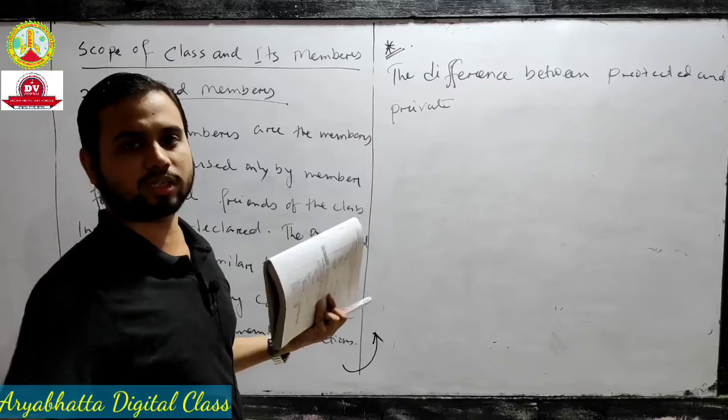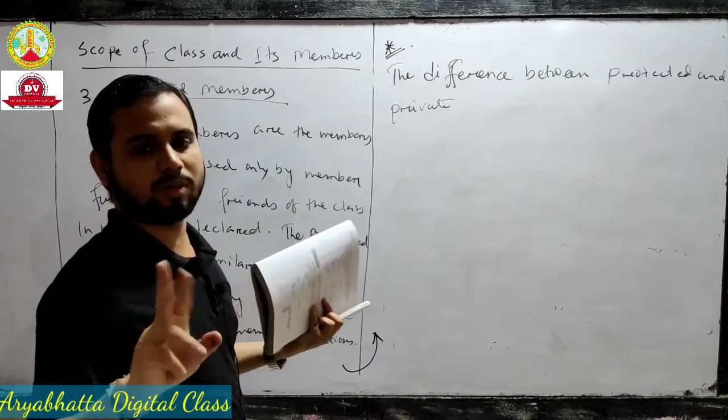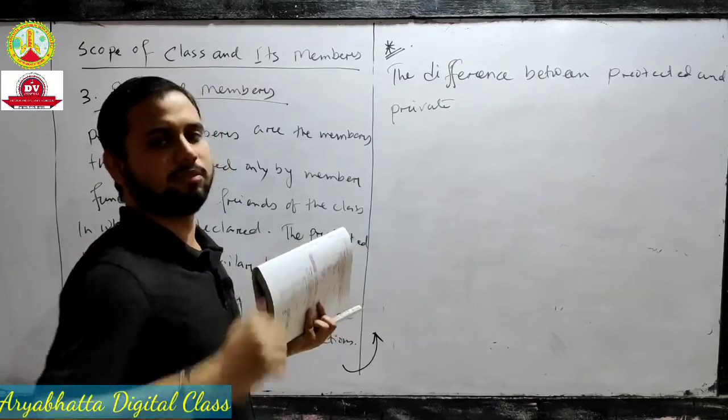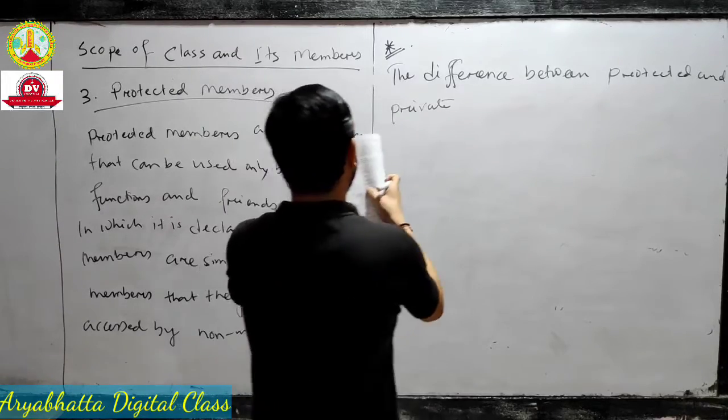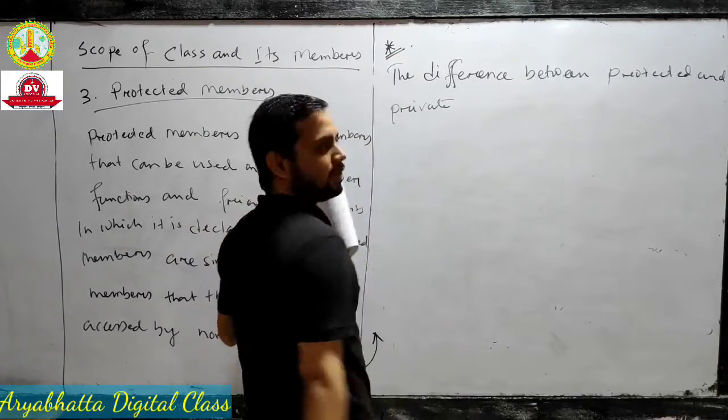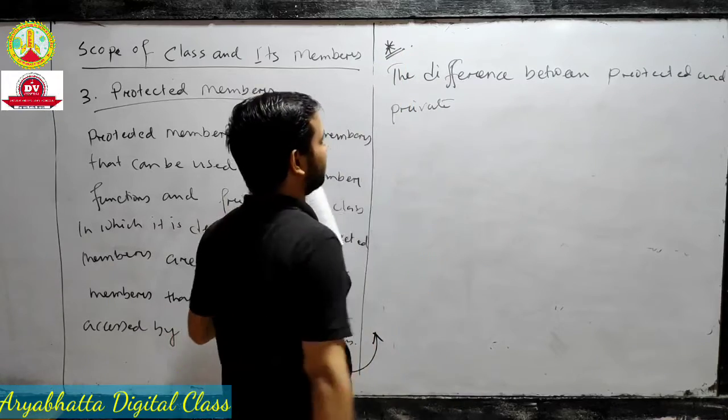What is the difference between protected and private? Because both protected and private are 90% similar, that's why you signify a star, meaning it is very important.